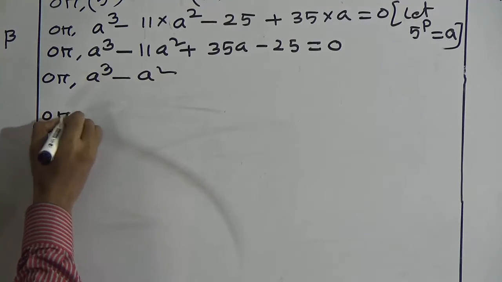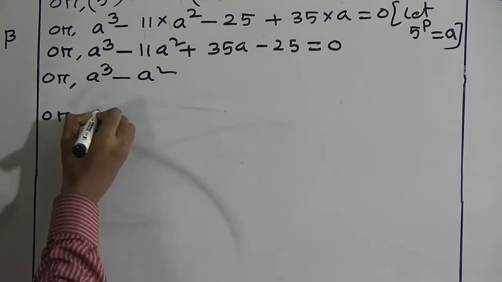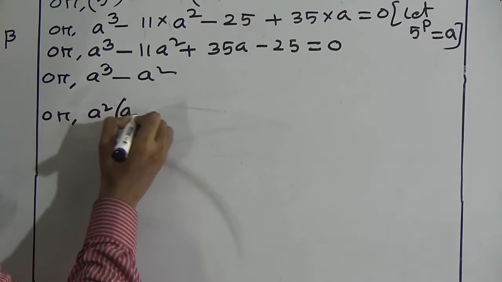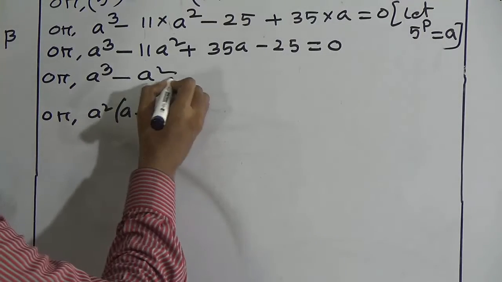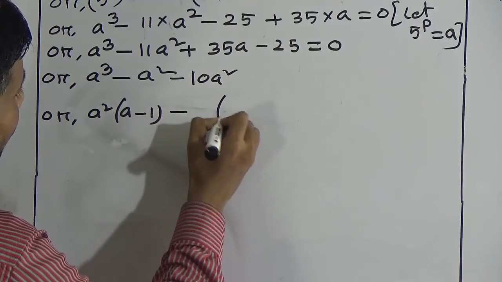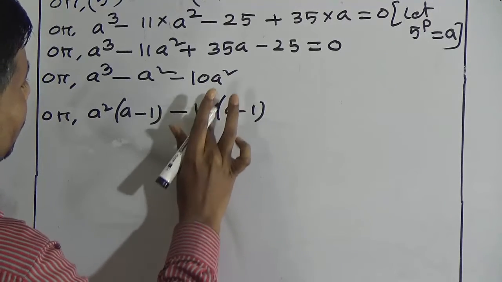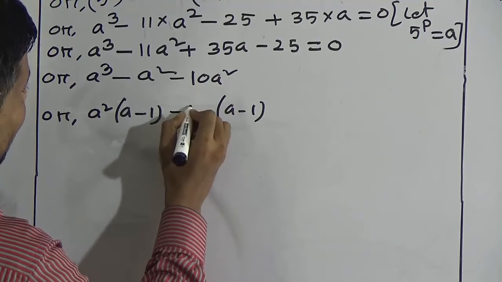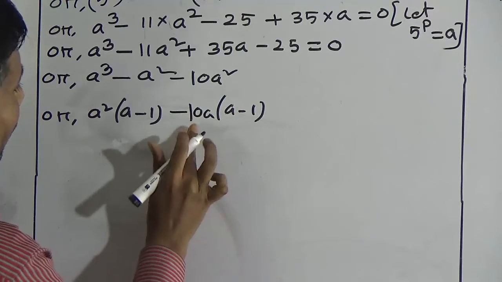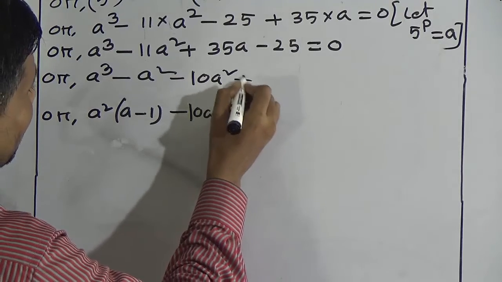Right here, that means use here remainder theorem. Then a square, then a minus 1. Now here minus 10 a square. Write a minus 1. That means right here 10a. 10a into a, that means 10a square. Minus minus a plus 10a.